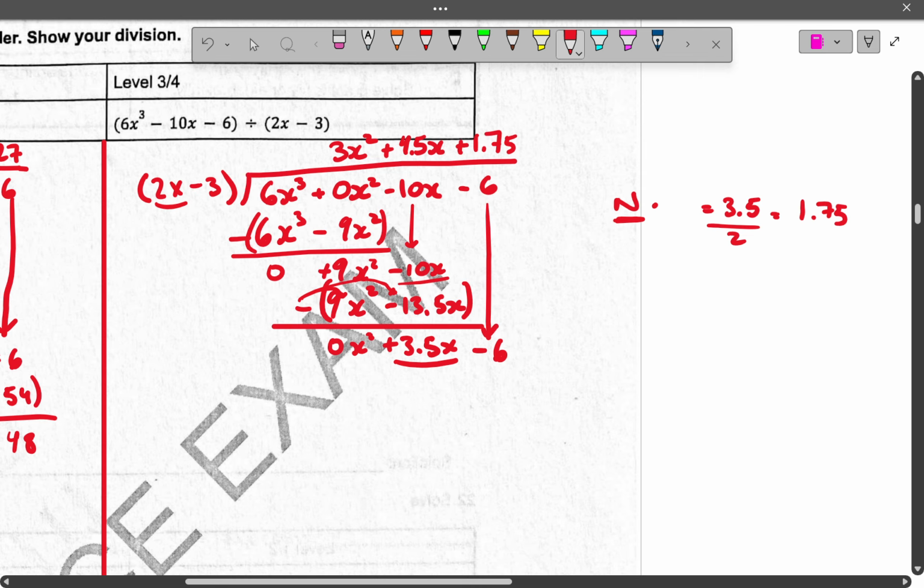So 1.75 times 2 gives us 3.5x, and then 1.75 times 3 is 5.25. And just like before, you subtract all of this. So you can expand this again, the negative.